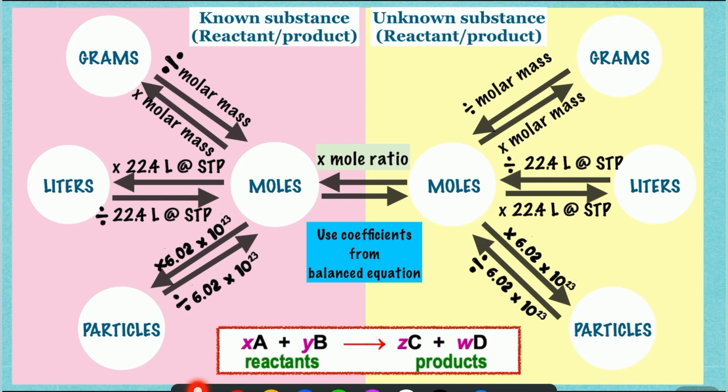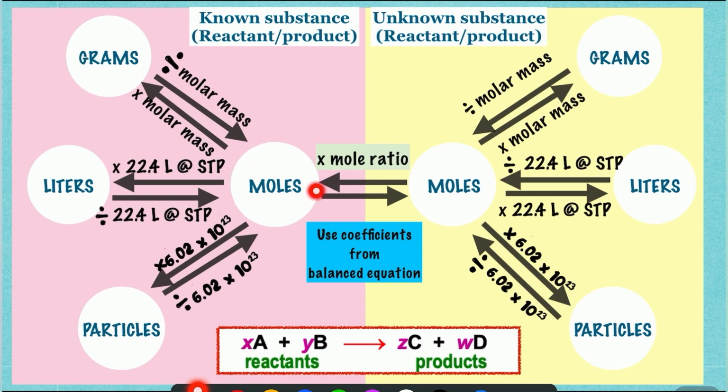So this concept will be used to determine the limiting reactant. Let's say you are given the mass of the reactant A. From the mass of the reactant, you divide by the molar mass to get the mole of the reactant.